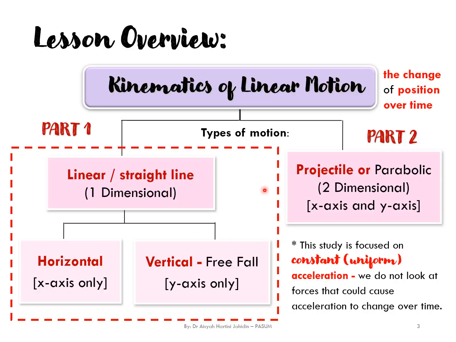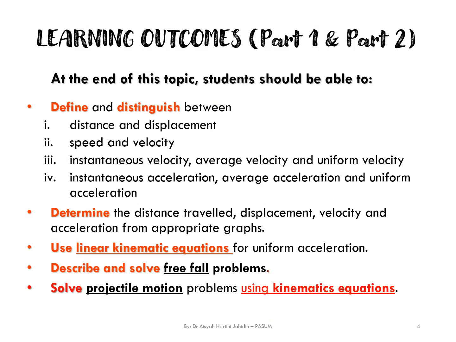Next, later we will focus on motion in two dimensions, which refers to projectile motion. Please take note that this study focuses only on constant acceleration. For the learning outcomes of part 1 and part 2, at the end of this topic, students should be able to define and distinguish between all the parameters stated here.